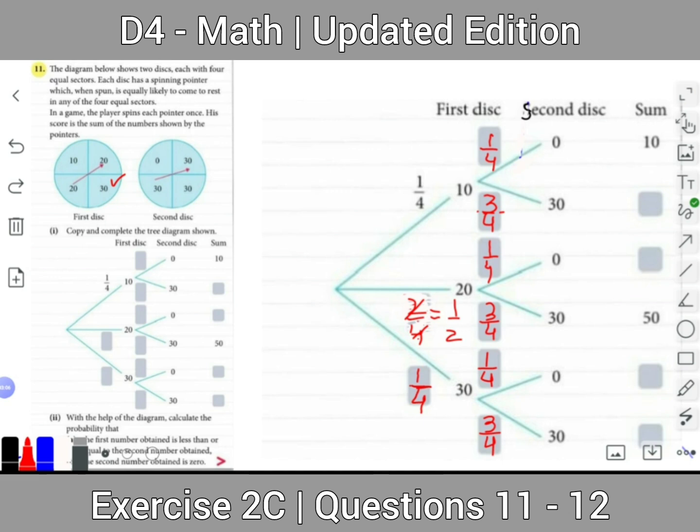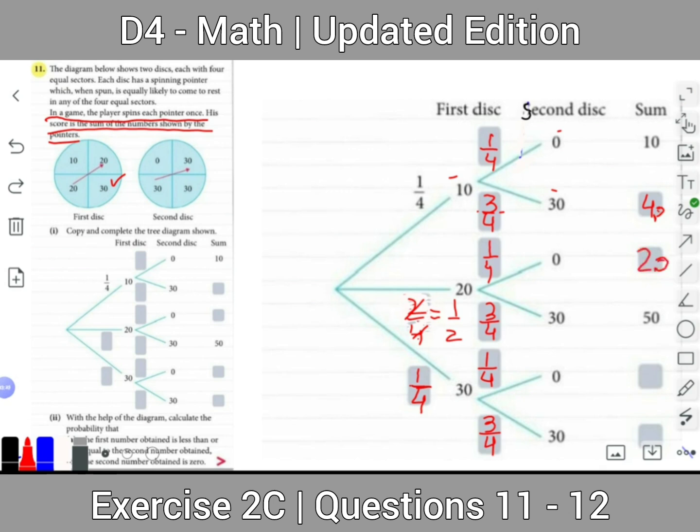In the game, the player spins each pointer once and his score is the sum of the numbers shown by the pointers. So here we have 10 add 0, the sum is 10. Now 10 add 30, the sum will be 40. 20 add 0, the sum will be 20.